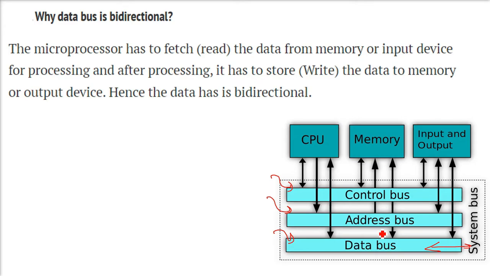It can be saved, it can be fetched also. So the address bus needs to be unidirectional. But because the microprocessor has to read the data from memory or an input device for processing, and after processing it has to store the data to memory or an output device, that is why the data bus has to be bidirectional, unlike the address bus, which is unidirectional in nature. I hope you got the idea.